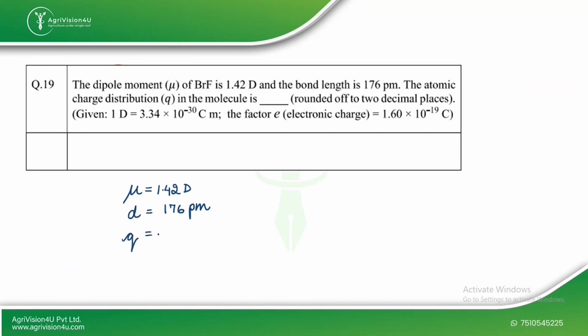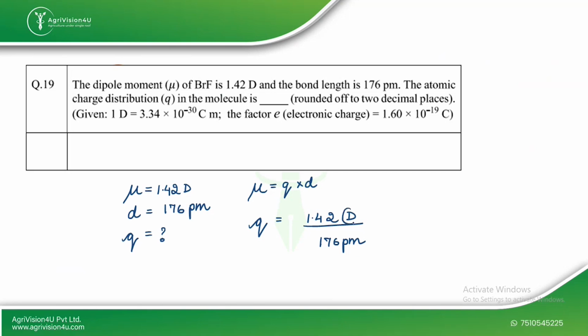So what will be the value of Q? We know dipole moment is equal to charge into displacement, right? Now this charge will be equal to dipole moment 1.42 D divided by 176 picometer. Now we have to convert this unit.